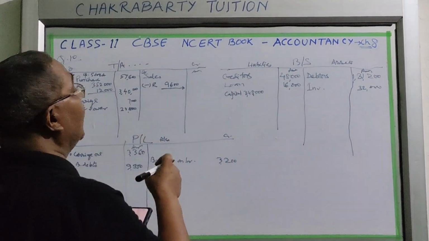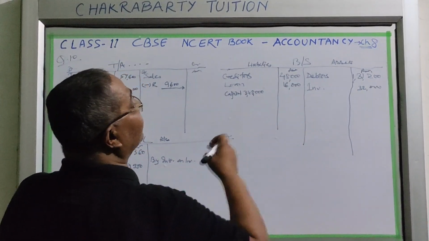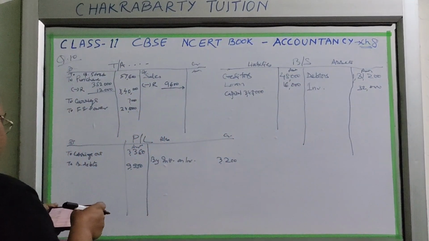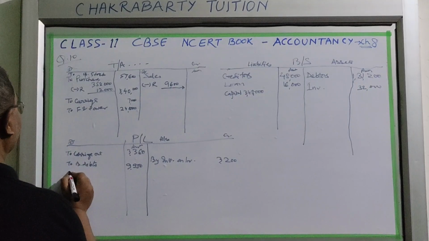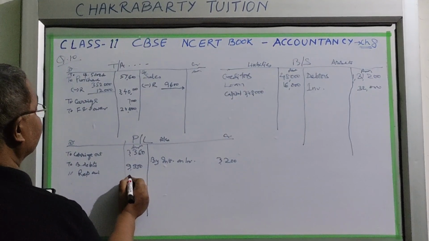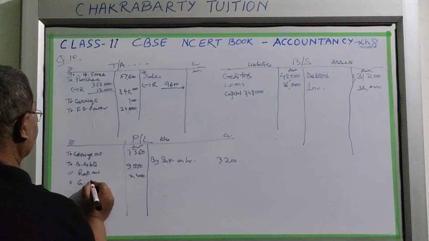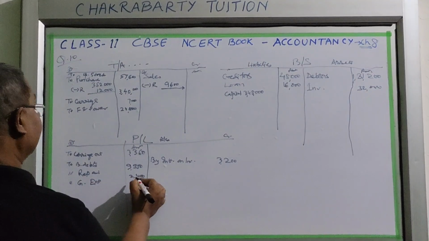If it is on the credit side, you will write here. If loan is on the debit side of the trial balance, you write here. Okay. Repairs, to repairs 2,400. General expenses 17,000.